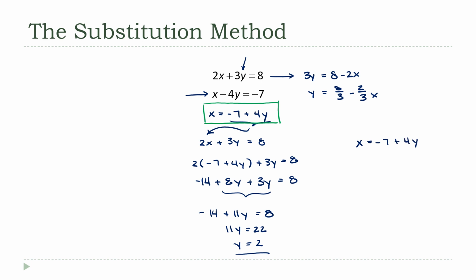If I put 2 in here for y, negative 7 plus 4 times 2, that's negative 7 plus 8, right? That's 1. And now I don't have my answer quite yet. I have all the parts, but I still have to put them together to get the final result. So my final result is going to be the point (1, 2).